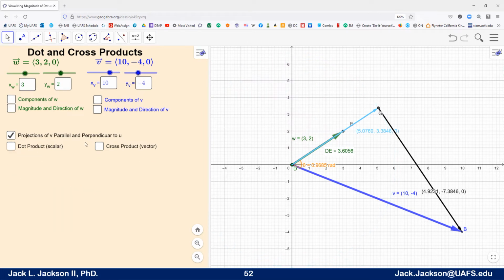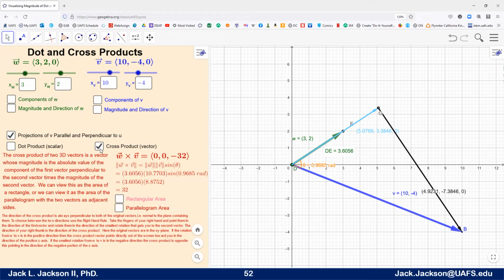Now, let's compare and contrast that to the cross product. Okay? So, look what we're going to change. Actually, we don't change a lot in one sense.